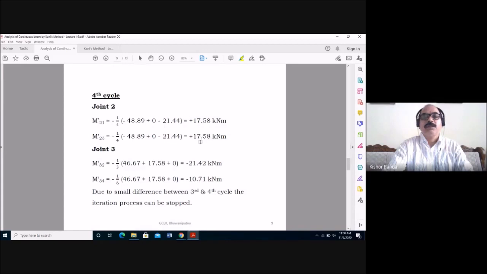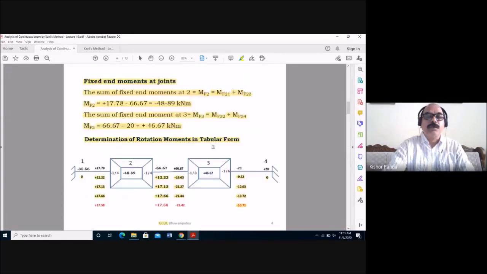So this side also the value is 17.58. So you put this value here, 17.58, and here this is also 17.58. Similarly, you go to joint 3 and find out the rotation on the near end.